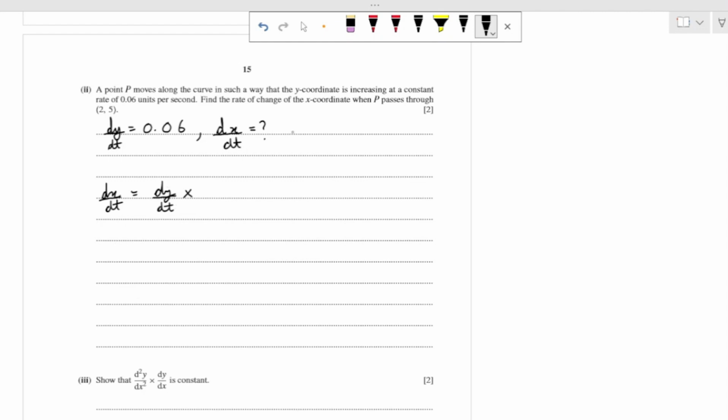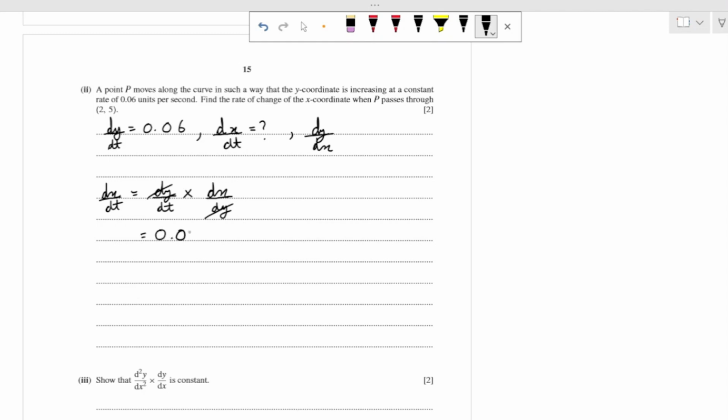We have a third value, dy over dx, that is given to us. But we can't just write dy over dx directly. Instead we write dx over dy. Why? Because dy in the denominator will cancel with the dy in the numerator, leaving us with dx over dt.